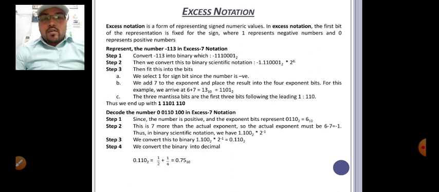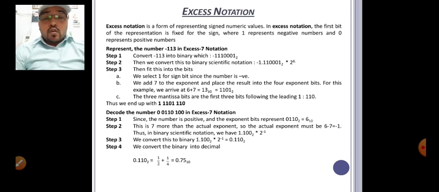You are all requested to take your pen and pencil, and one copy, to do this with me. Otherwise, you will forget how to solve excess notation. The full explanation is given in front of you, and you are going to follow these steps.